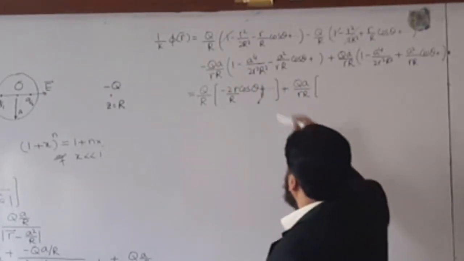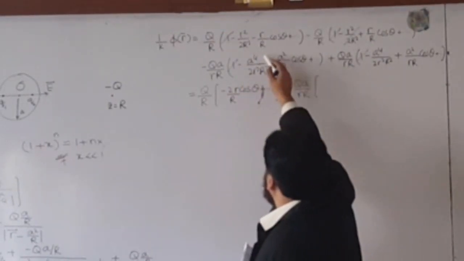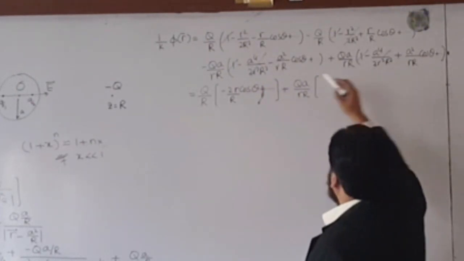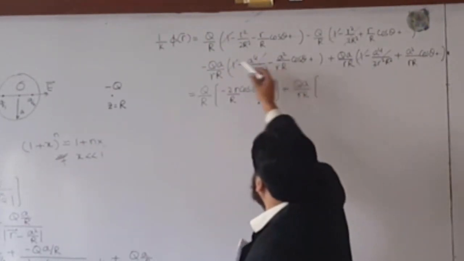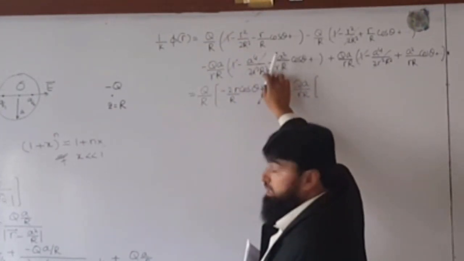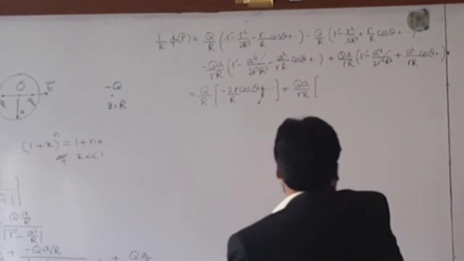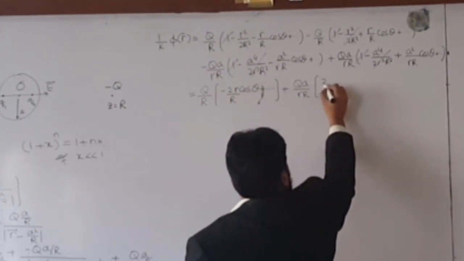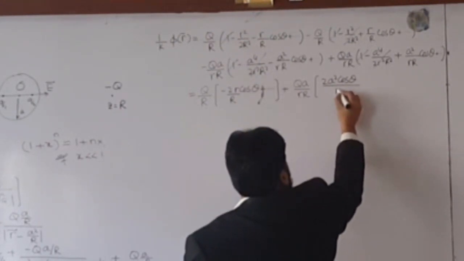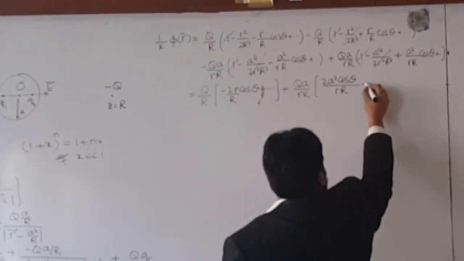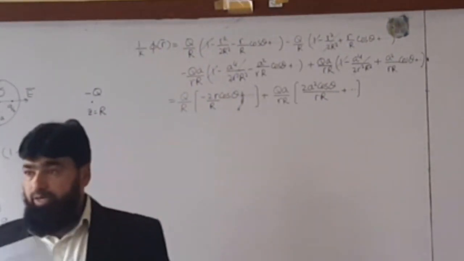Then this one will be cancelling with this one. a4 is minus, it will be cancelling with this one. These two will be added because this minus and this minus will become plus, and this is already plus, so they will be added, and this will be 2a squared cos of theta divided by r plus some other terms. Clear?